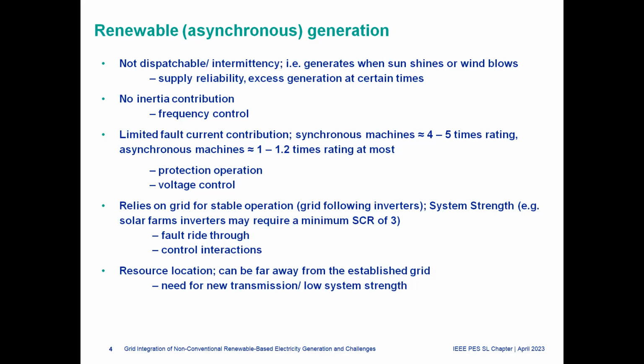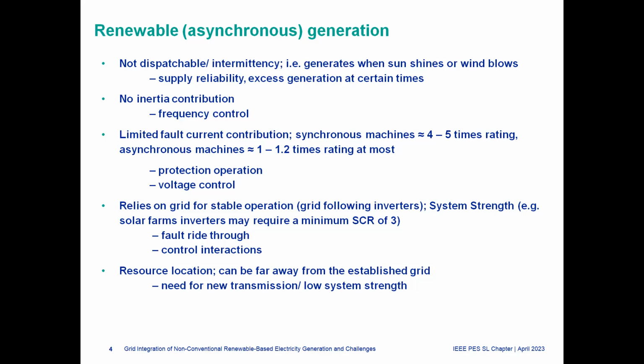If there is a disturbance in the system, the inertia in the synchronous machines resists the frequency change due to the disturbance. But these asynchronous machines normally don't produce any inertia, so they don't contribute to frequency control immediately if there is a change. They can still be used for frequency control following a frequency change, but they don't contribute to inertia.